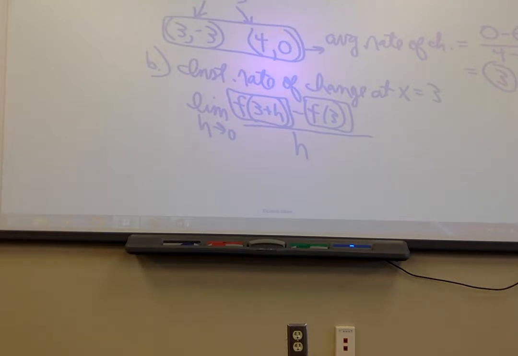If you distribute it out, you get that, don't you? 9 plus 6h plus h squared minus 12 minus 4h plus 3 over h. Does that look good? Okay. Tell me what that numerator is going to simplify to if I combine. 5h plus h squared?